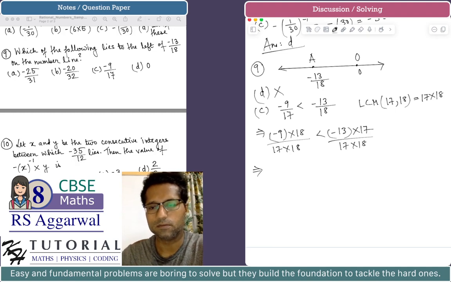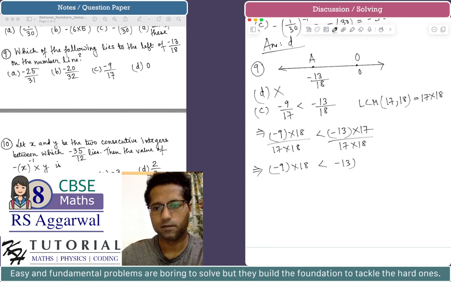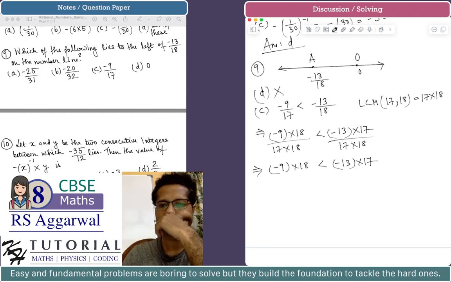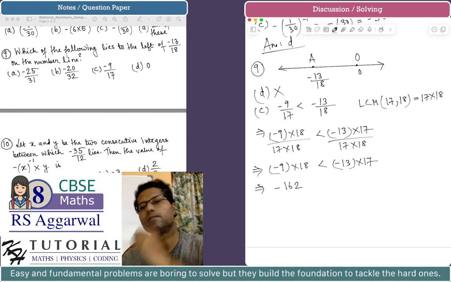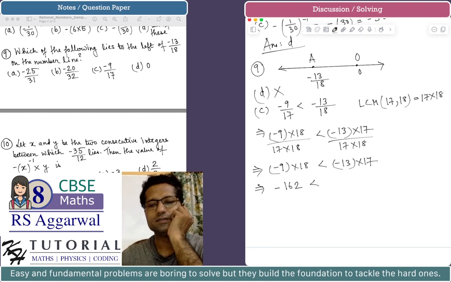Now we have to check the numerators. If this is so, we must have minus 9 multiplied by 18 less than minus 13 multiplied by 17. Now you have to really do the multiplication. So this is minus 162 is less than what is 13 multiplied by 17.